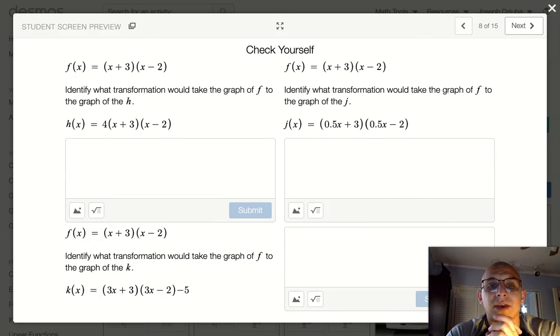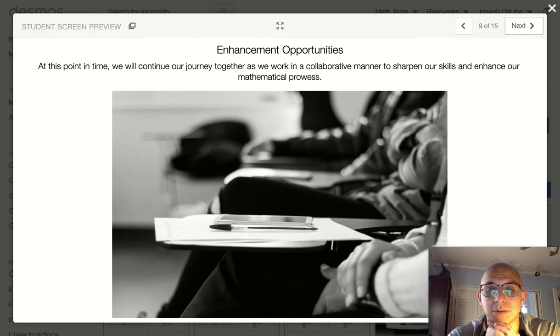And then in our final slide, you'll check yourself. Here we have a bunch of different algebraic equations provided to us, and we need to identify what transformations would take the graph of f to h, j, and k respectively before pausing at the enhancement opportunities.